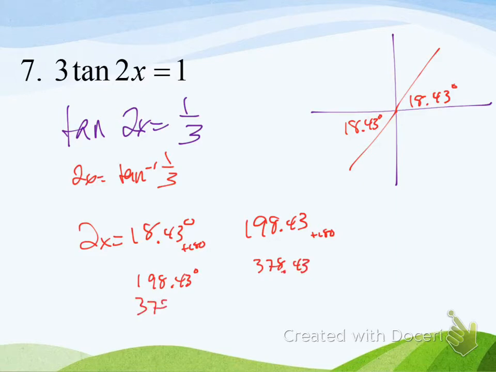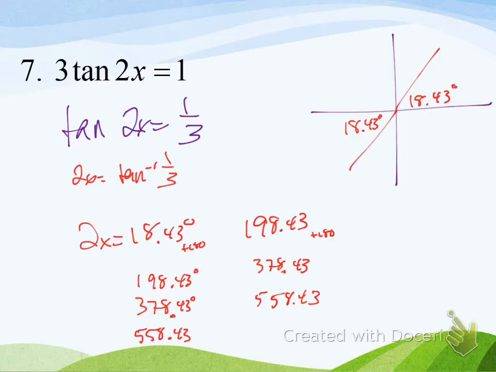We're going to keep adding until we get to 720. And if we add 180 to 558, that'll put us over our cap, so we've got to stop.